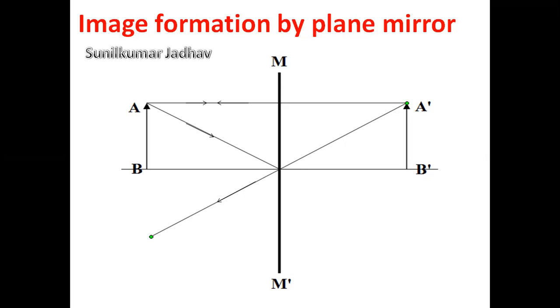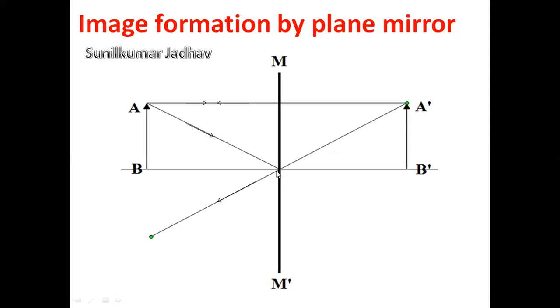This is how the image is formed by the plane mirror. And always this image is of the same height. This is another thing that we need to discuss, that the height of the object will remain the same as the height of the image. So we can conclude these three points. The distance between the mirror and the object, the object distance, is equal to the image distance.